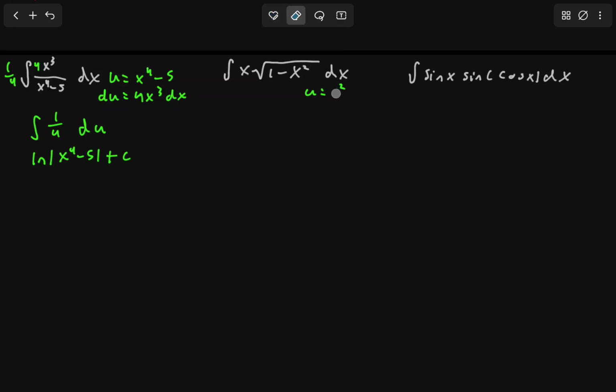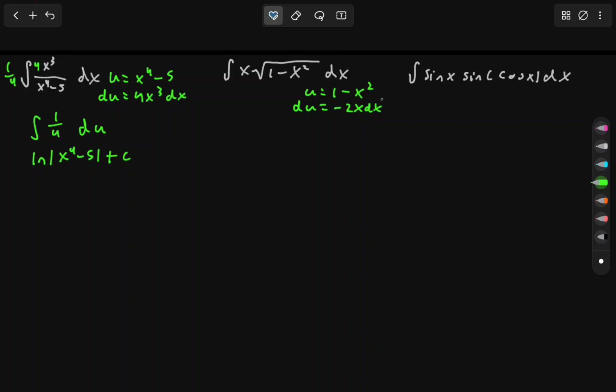So we're going to say that our u is actually going to be 1 minus x squared. Because that way, whenever we take the derivative of this, the 1 is just going to drop out. So we get du is going to be negative 2x dx. The differential du is negative 2x times the differential x. Alright.